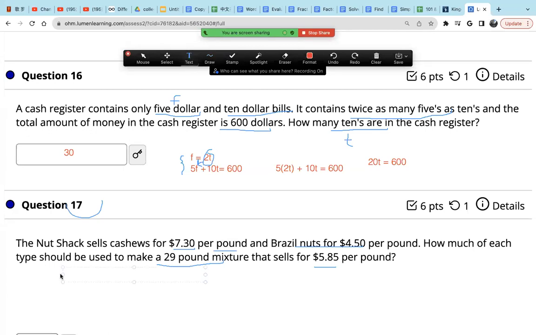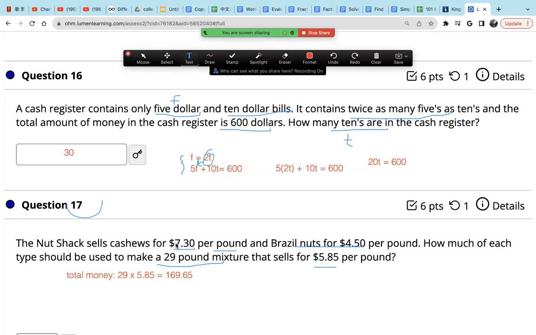The total money is 29 times 5.85, right? I need to use a calculator for this. That's 169.65. That's the total money to be spent.